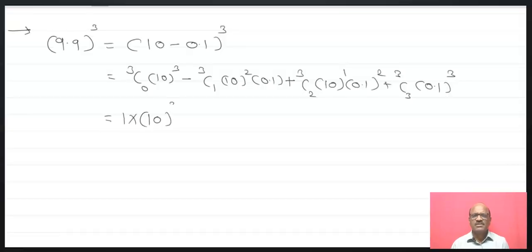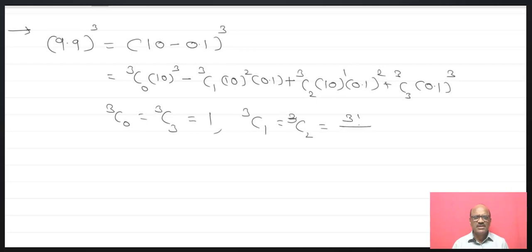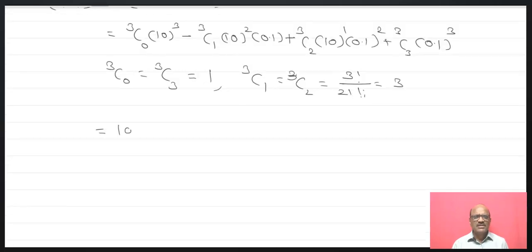The value of 3c0 is 1, 3c3 is 1, and 3c1, 3c2 is equal to 3. Therefore we will substitute here.